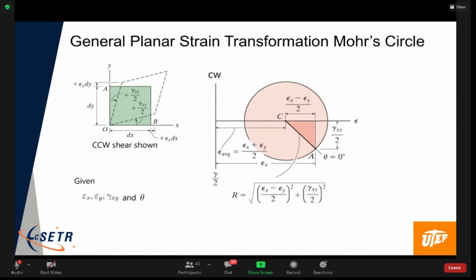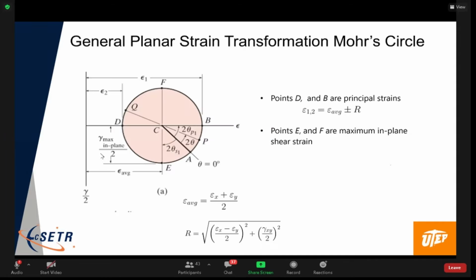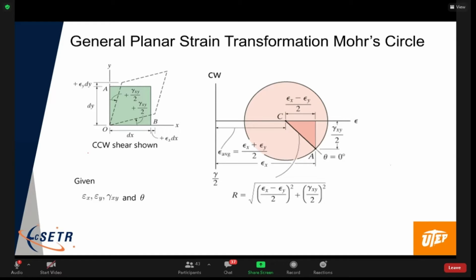Also, you can do Moore's circle for strain. And again, everything's the same deal. We have the normal strain on the x-axis and the shear strain on the y-axis, but it's the shear strain divided by 2. Again, for the same reasons, mathematically, that really is the correct component of shear strain, okay?